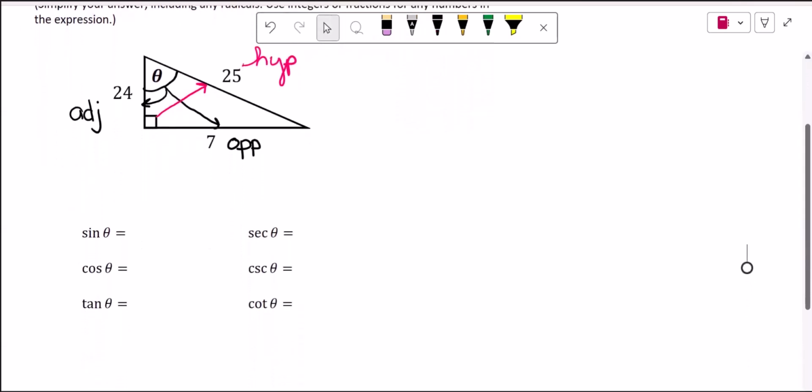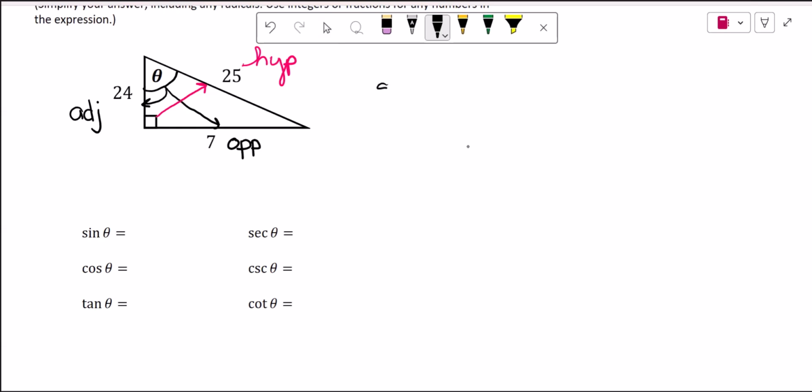Now we are being asked to find the 6 trigonometric, now you try saying that, trigonometric functions. And those are sine, cosine, tangent, secant, cosecant, and cotangent. Now you're probably thinking, how do I find those? Let's look at sine first.